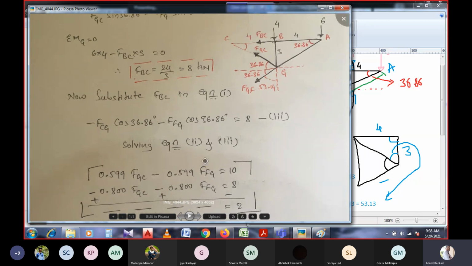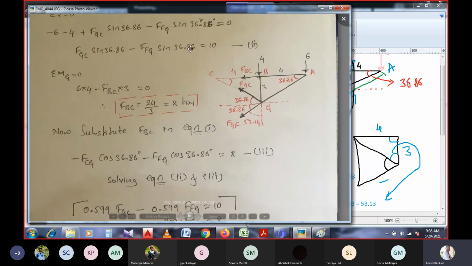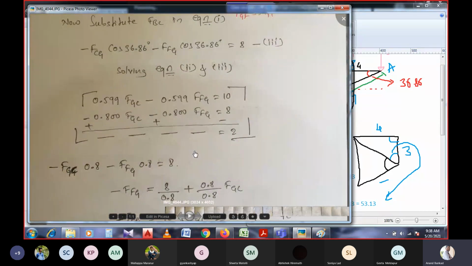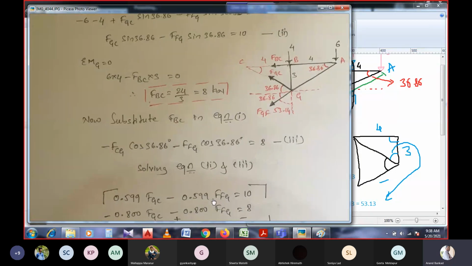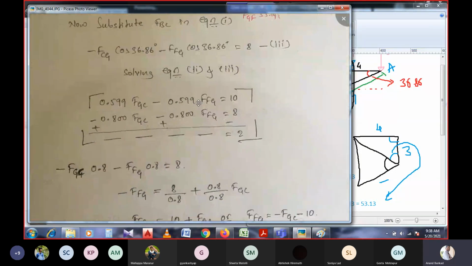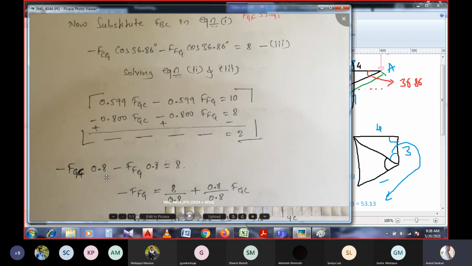So in this case, we can consider either equation 2 or 3. Here I will consider equation number 3. cos 36.86 is nothing but 0.8.